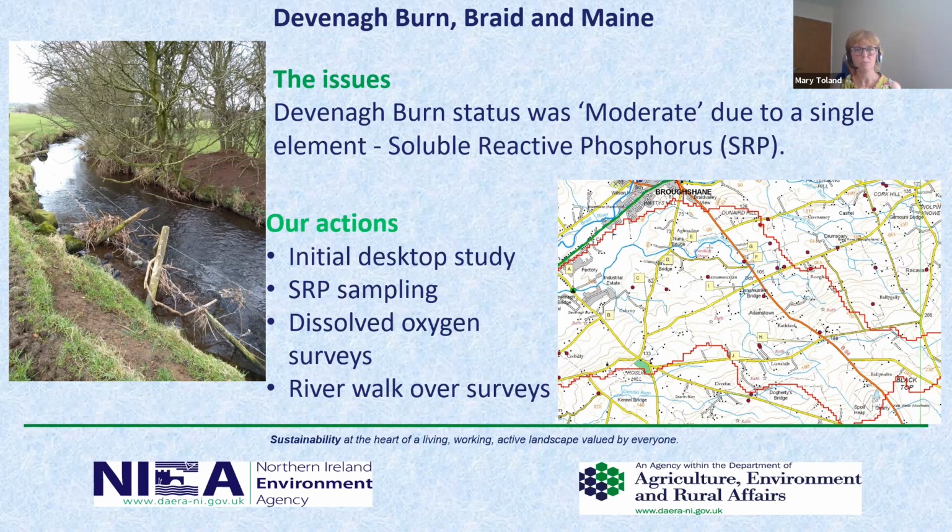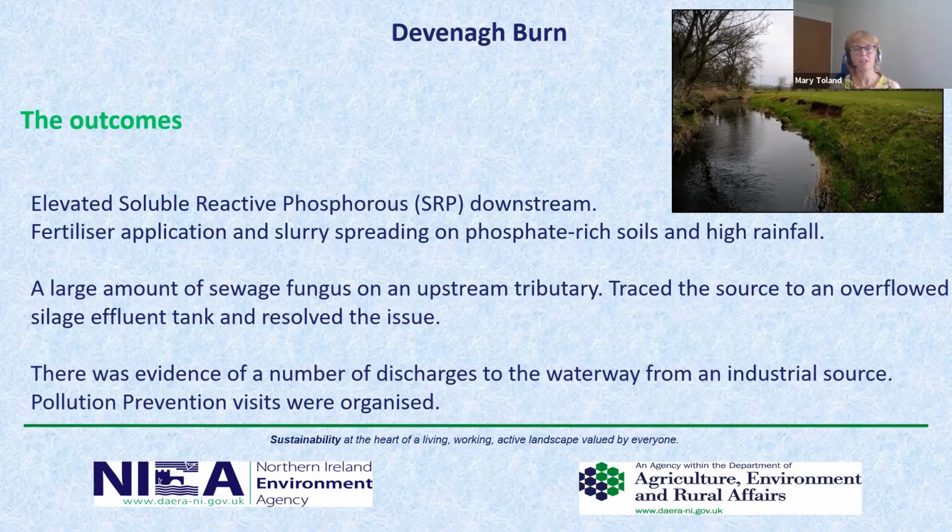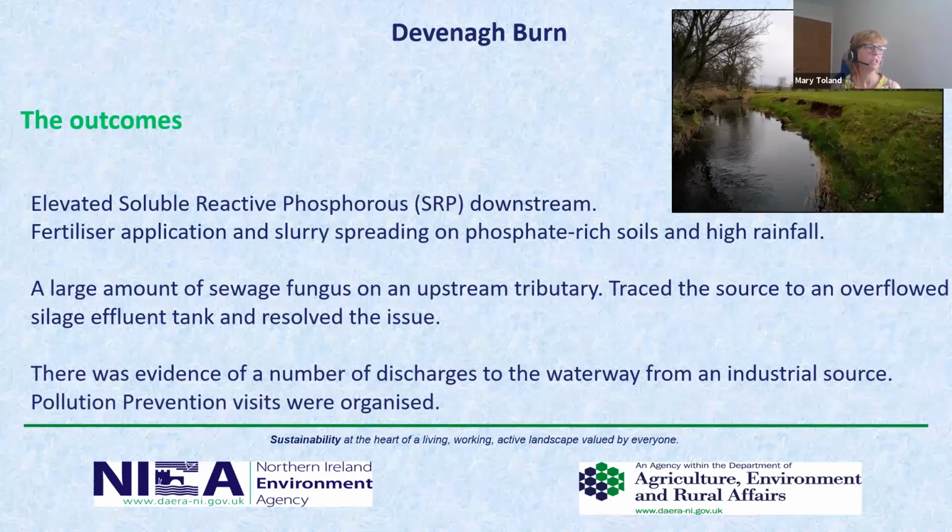The dissolved oxygen was also checked with surveys because it can show you on the day what tributaries to start walking up, and then we did the walkover surveys. So there was elevated soluble reactive phosphorus downstream, and there was associated fertilizer application and slurry spreading, and high rainfall then running straight in. And you can see from the picture there's not a lot of a buffer strip. There's no trees along that bank at all.